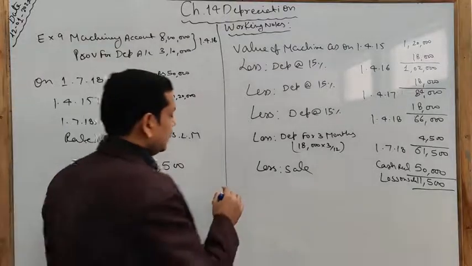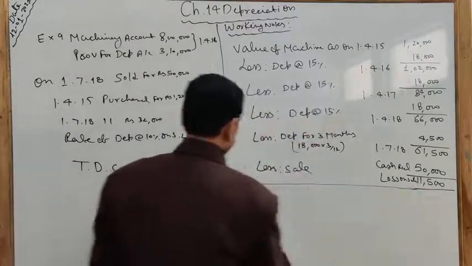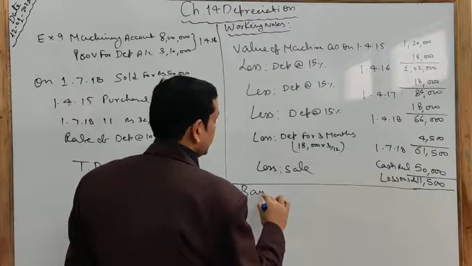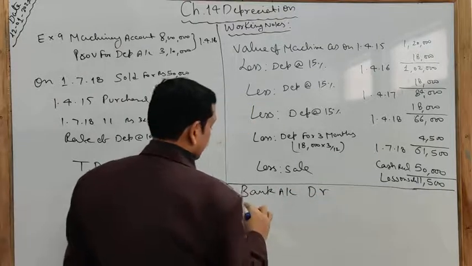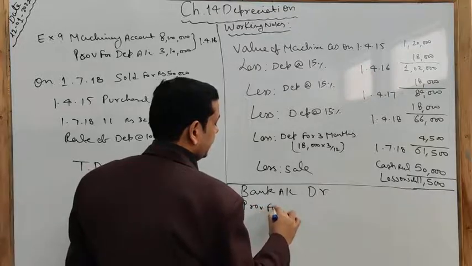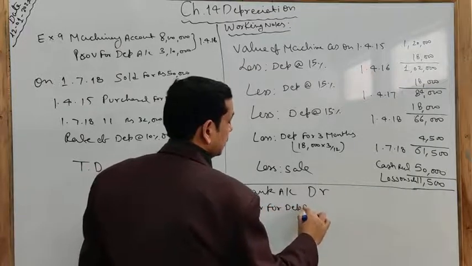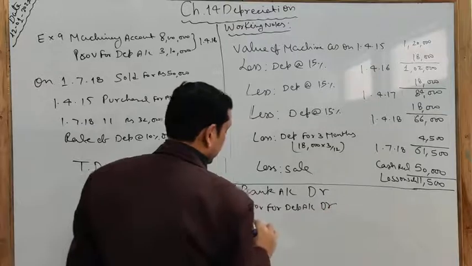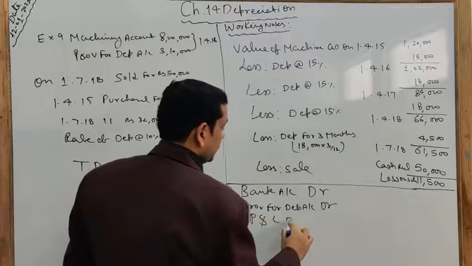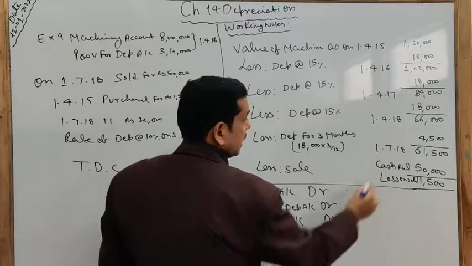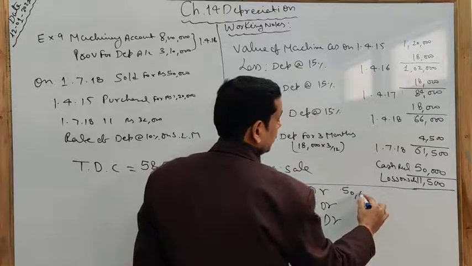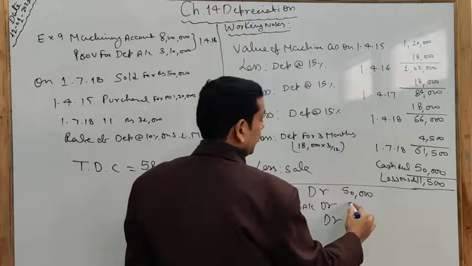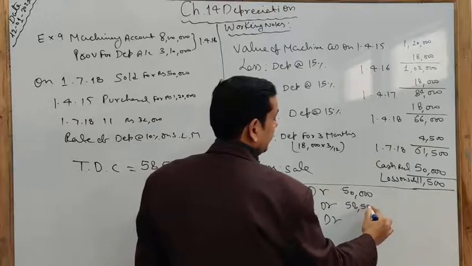Now let's pass the journal entry. So bank account debit, provision for depreciation debit, and profit and loss account debit. See how much money is received? 50,000. Provision for depreciation is 58,500.